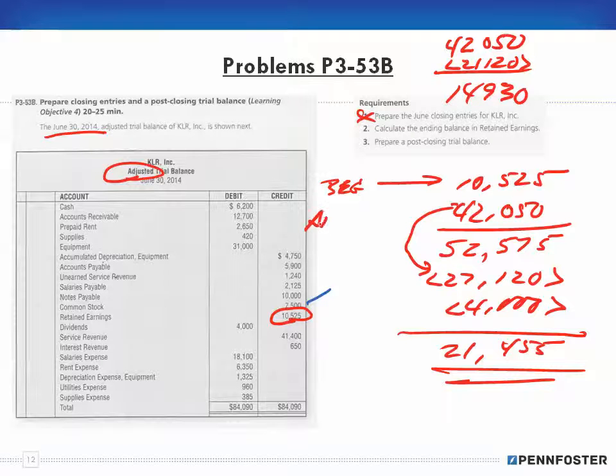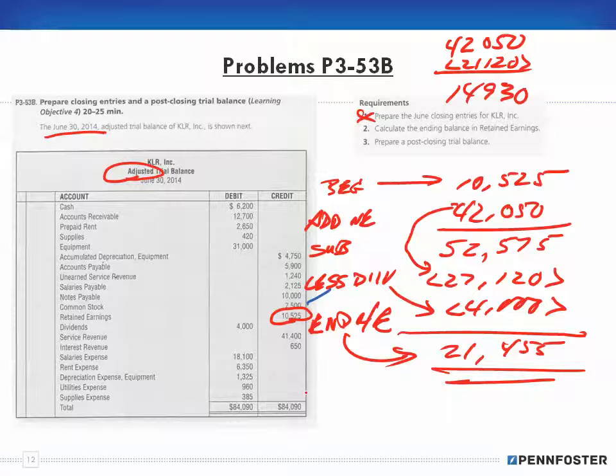So I would add my net income, 14,930. Then I'd have a subtotal, and then I would have less my dividend of 4,000 right there. And then of course that would give me my ending retained earnings, which would be that number right there. So I went down through the structure by saying, here was my beginning, but then I took into account revenues, expenses, and dividends in order to get my ending retained earnings. It's the same thing.